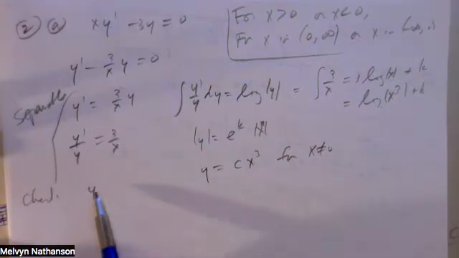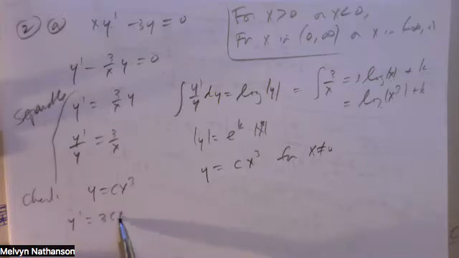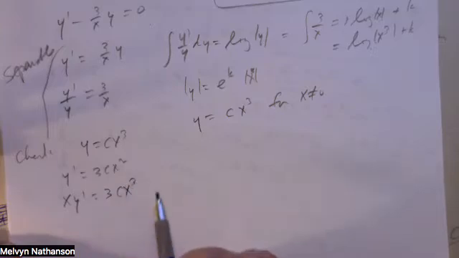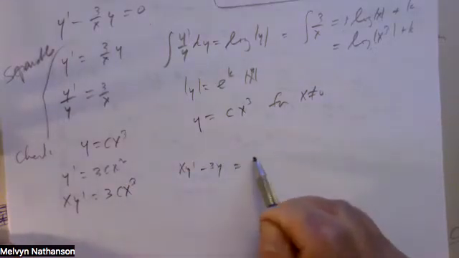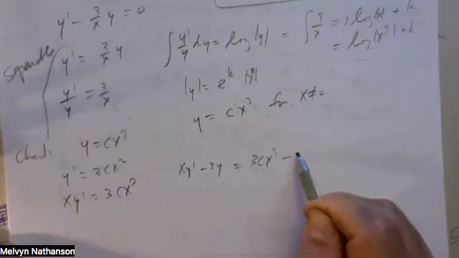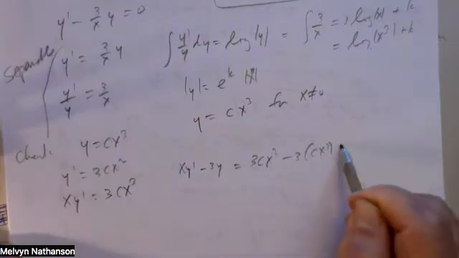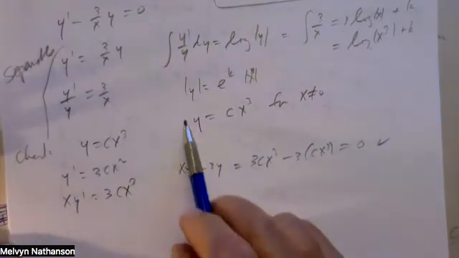If y equals cx cubed, y prime is 3cx squared, xy prime is 3cx cubed, so xy prime minus 3y is 3cx cubed minus 3 times cx cubed, which is 0, so this checks.